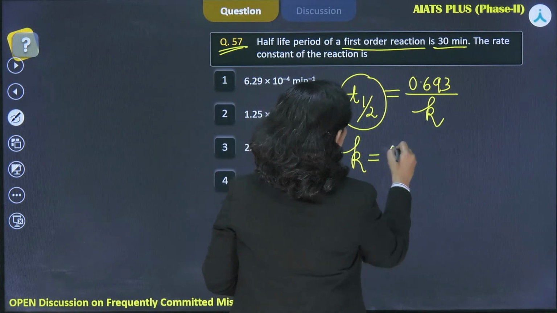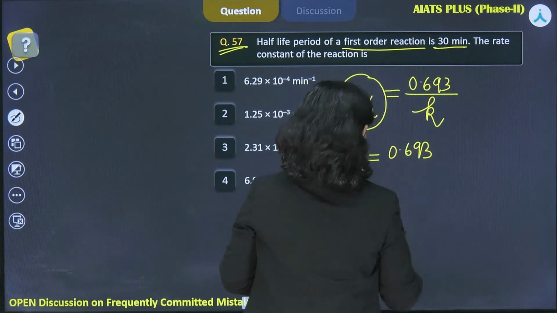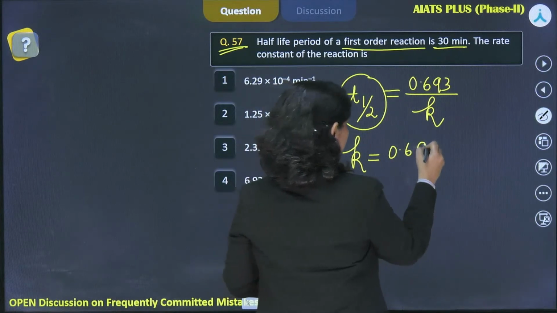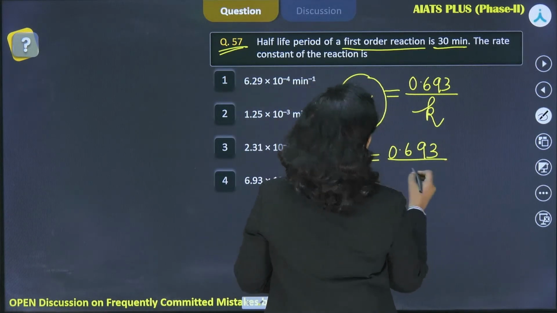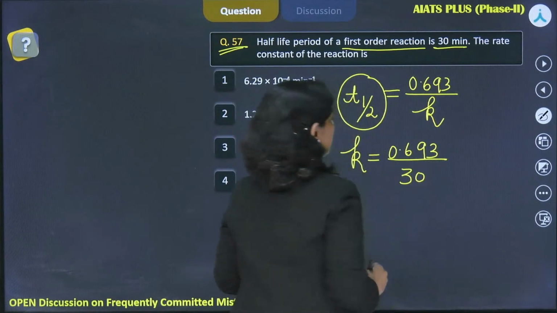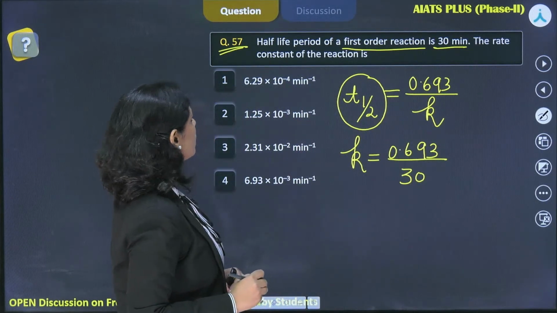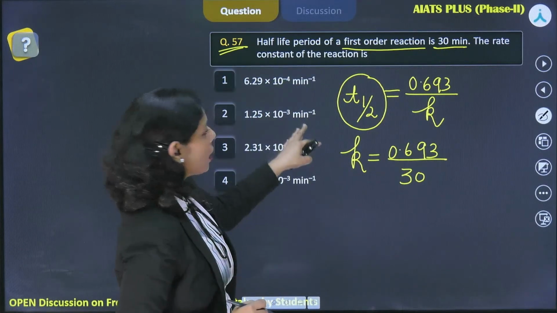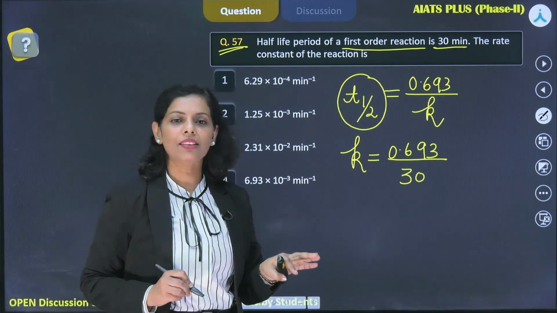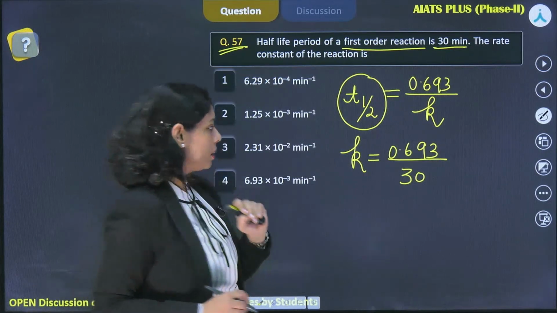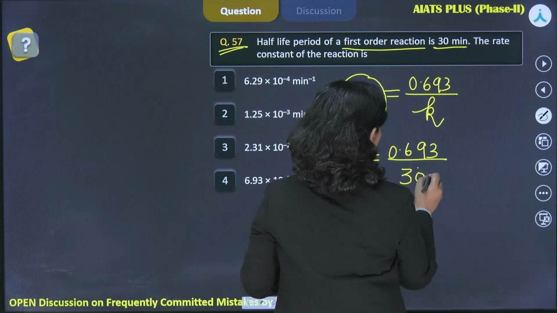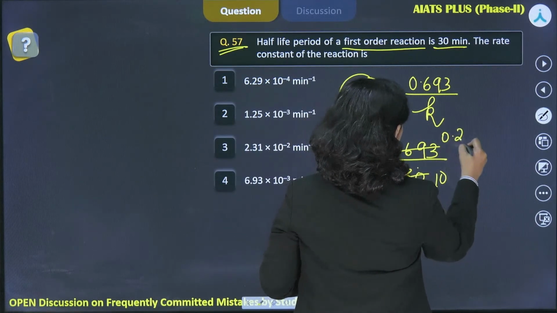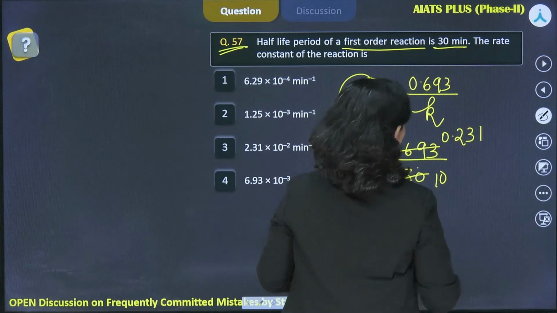So K is equal to 0.693 by, I'm rewriting it, 30 minutes. Right? To solve this, how much would it be? Because the rate constant is given in per minute. Which option is correct now? 0.693 by 30, right? So 3 2s are 6, 3 3s are 9, 3 1s are 3, right?